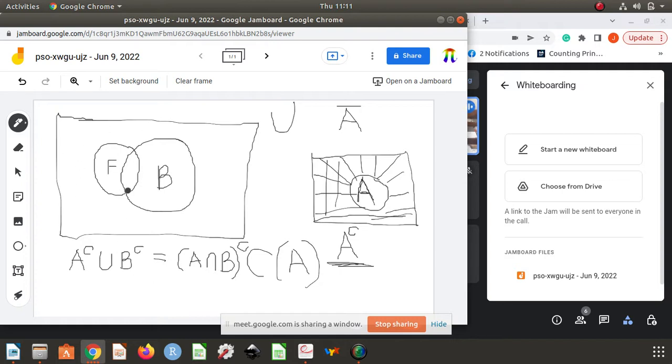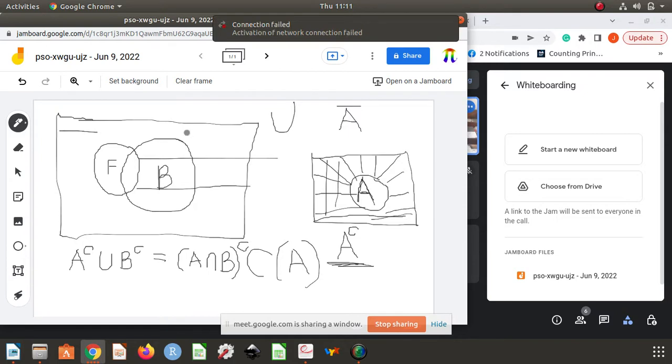So the complement of the union of the complement of F and B. The complement of F will be everything outside F, right? So if you were to work that out, it would be this set and everything. That's the complement of F, right?